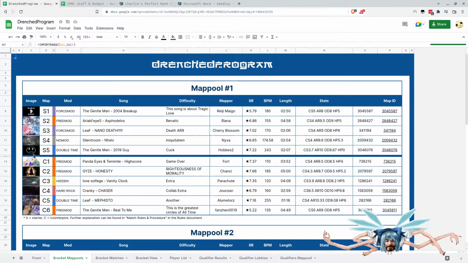Why do we divide into starters and counter picks instead of just having a pool and a tiebreaker? One of the issues that I have with the traditional picking system for osu, so picking in turns, is that first pick gets a very clear advantage.